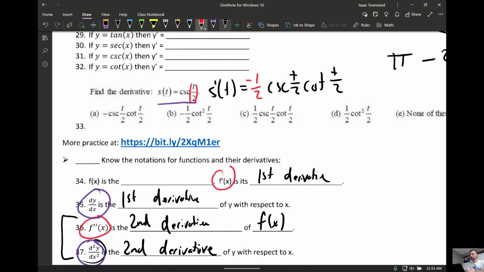So this is what the answer is supposed to be. C is pretty close, but it's positive. A is pretty close, but it forgot the chain rule. B just wasn't the right derivative. D is just not the right derivative. This was none of these.